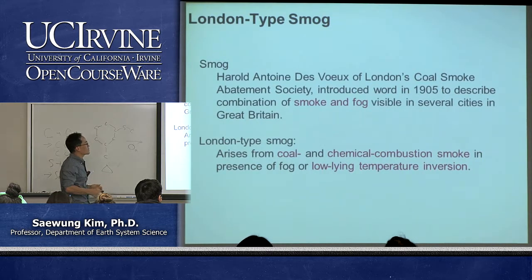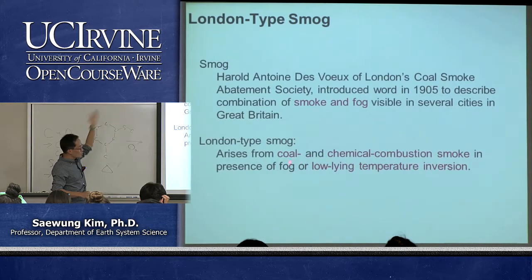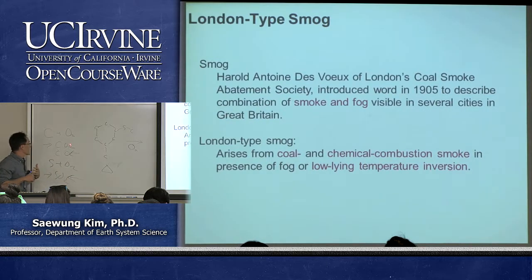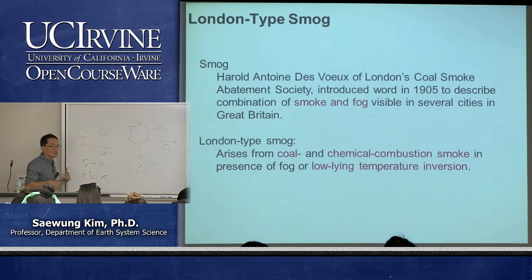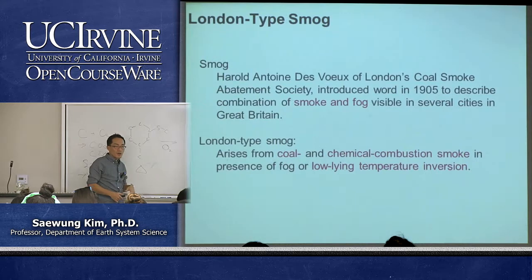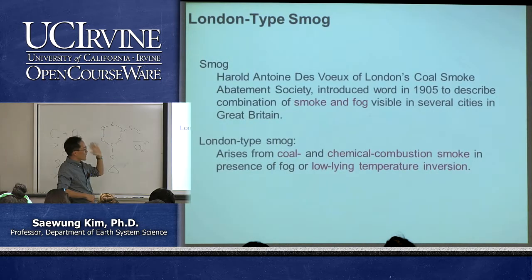So London-type smog is mostly coming from, first, the source of the air pollution, which is coal. Specifically, coal burning emits CO, CO2, SO2, and aerosol particulate matter into the atmosphere.